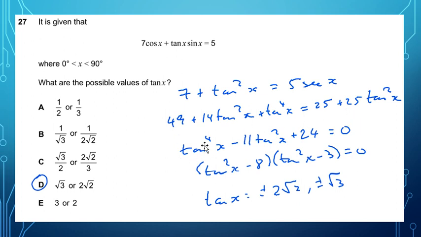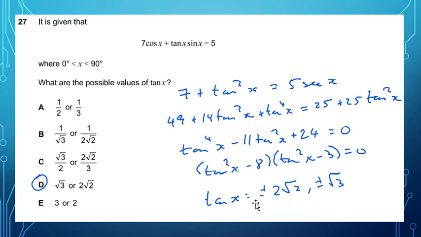So we've got tan to the 4 minus 11 tan squared plus 24 is 0. So we can factorize that in tan squared, as this is a quadratic in tan squared. And so this is what we get. Factorizing, product of minus 8 and minus 3 is positive 24. The sum is minus 11. So that works out. So tan squared is either 8 or 3.